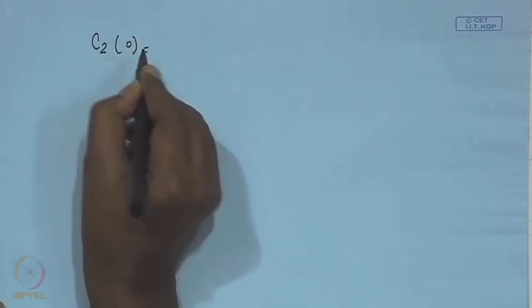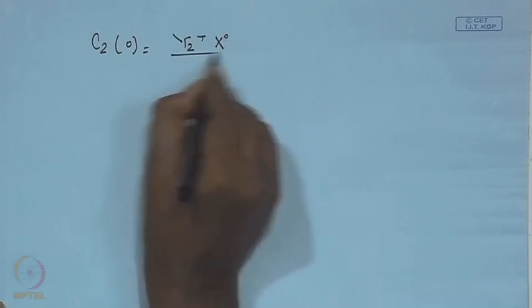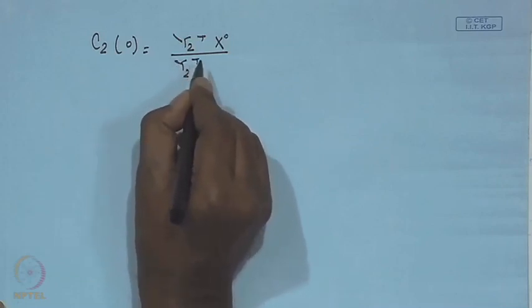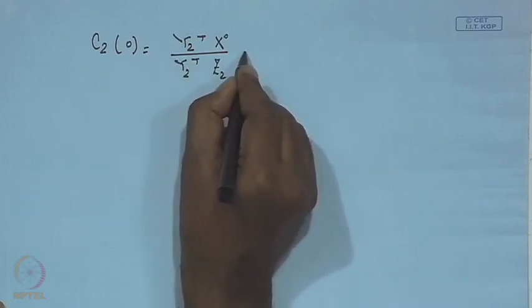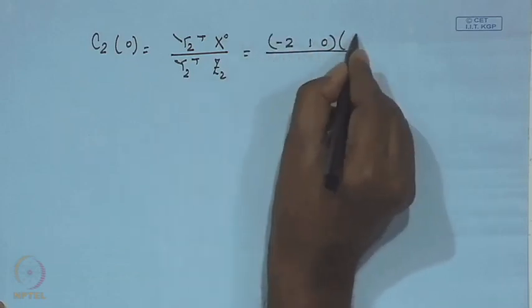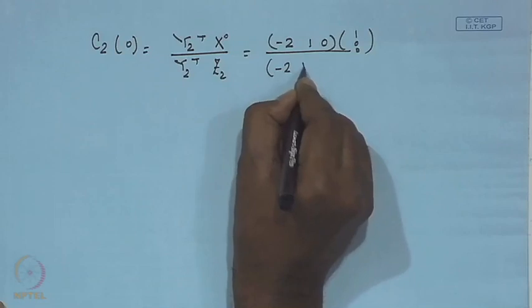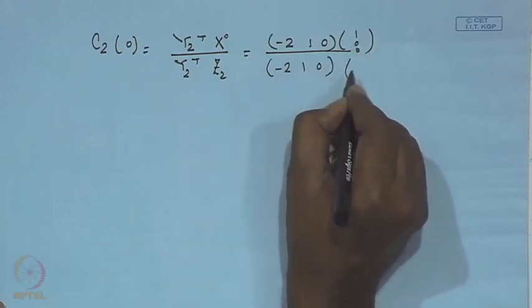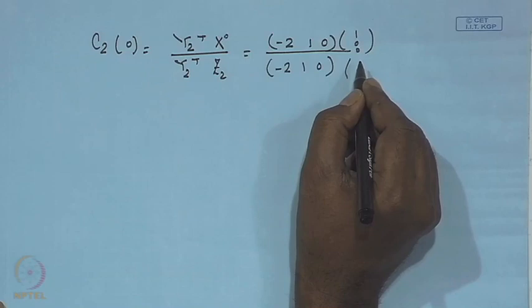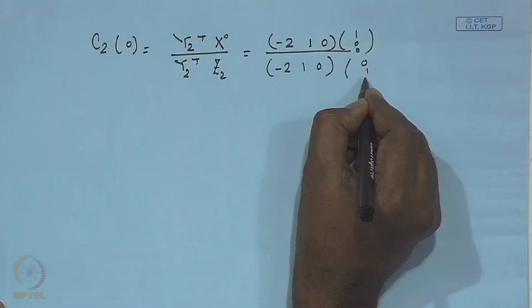Similarly, we can evaluate C_2(0) and C_3(0). C_2(0) turns out to be y_2 transpose x naught divided by y_2 transpose z_2, which becomes [-2, 1, 0] times [1, 0, 0] divided by [-2, 1, 0] times [0, 1, -1].